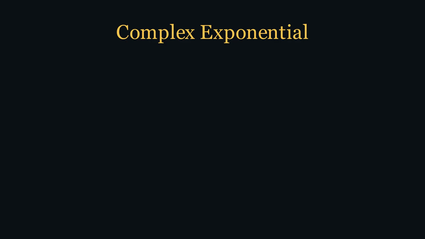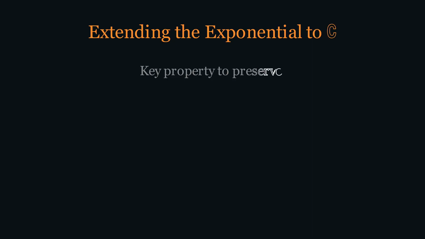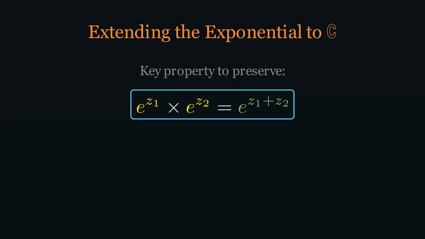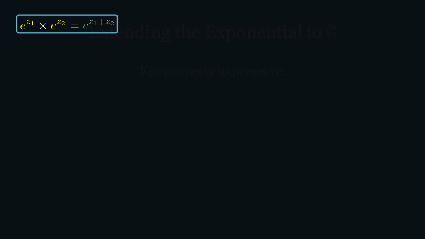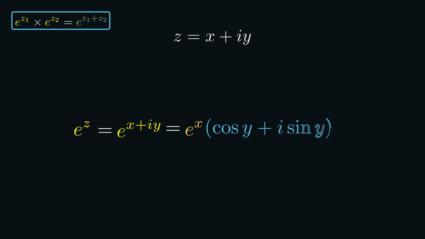In real analysis, the exponential function e to the x is central. We want to extend it to complex numbers, preserving the key property: e to the z1 times e to the z2 equals e to the z1 plus z2. For a complex number z equals x plus iy, we define e to the z equals e to the x plus iy, equals e to the x times (cosine y plus i sine y).